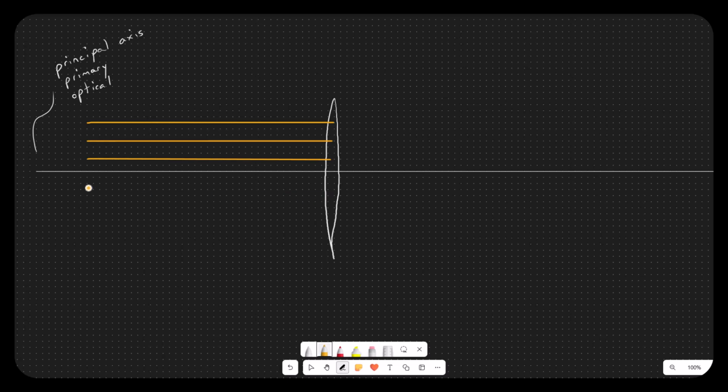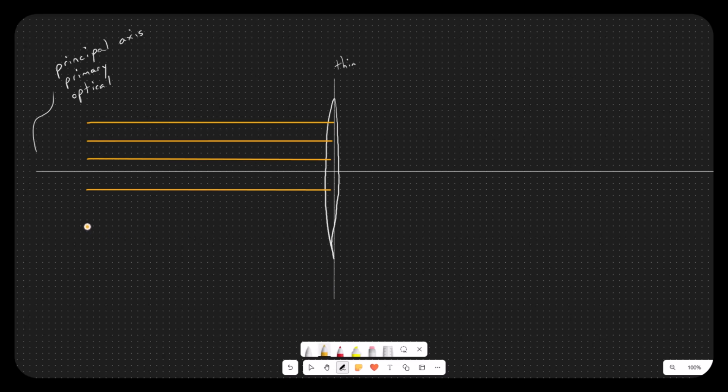Now one thing that's implied that's never really spoken too much is this. While we draw this shape as double convex, we are treating this as a thin lens. So we are treating this as infinitesimally thin, meaning once you hit one part of the lens, you have hit the middle of the lens.